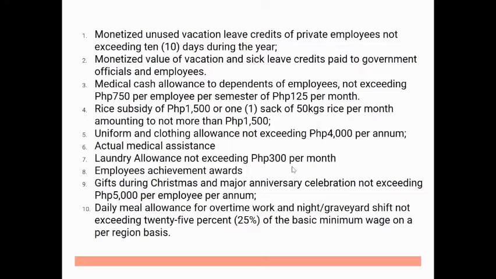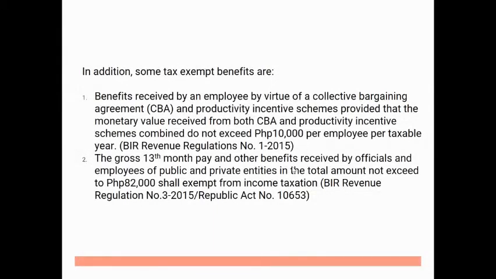And lastly, daily allowance for overtime work and night graveyard shift not exceeding 25% of the basic minimum wage on a per region basis. In addition, some exempt benefits are, first, benefits received by an employee by virtue of a collective bargaining agreement or CBA, and productivity incentive schemes, provided that the monetary value received from both CBA and productivity incentive schemes combined does not exceed 10,000 pesos per employee per taxable year.